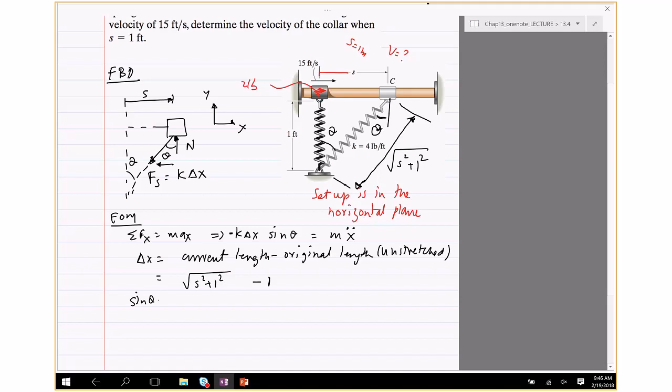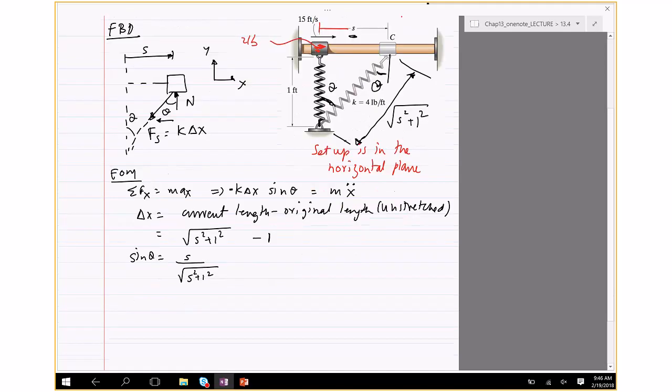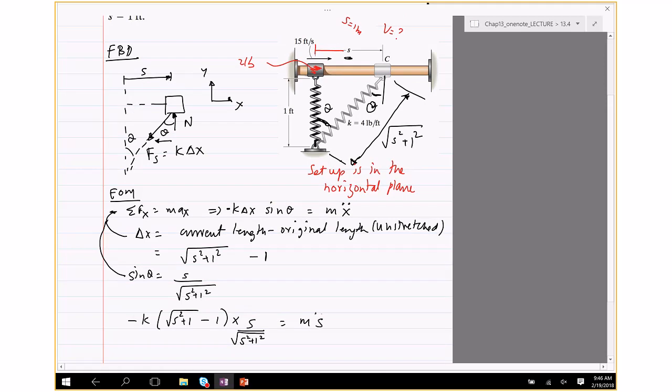Let's write sine theta. Sine theta is the opposite side, which is s, divided by the hypotenuse, which is the square root of s squared plus 1. So now I can plug these two things into the equation. k delta x is k times the square root of s squared plus 1 minus 1, times sine theta, which is s divided by the square root of s squared plus 1, equals mass times x double dot. Actually x is s, so that's s double dot, because s is in the direction of x.